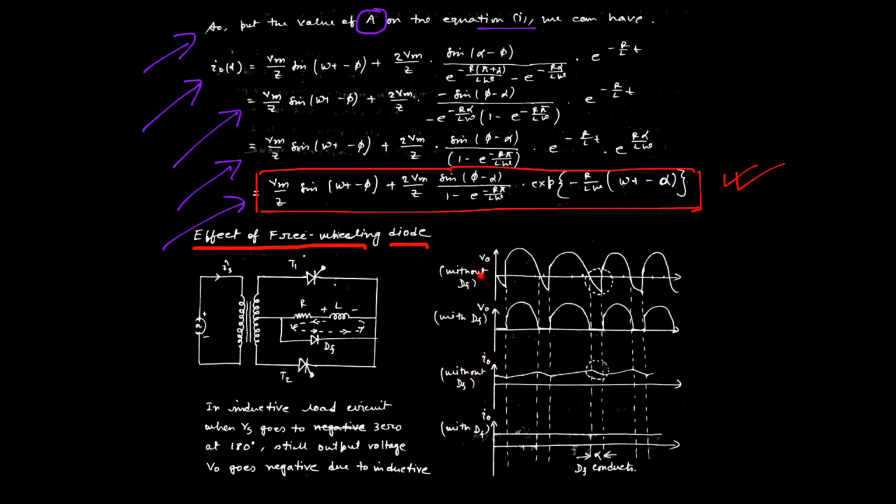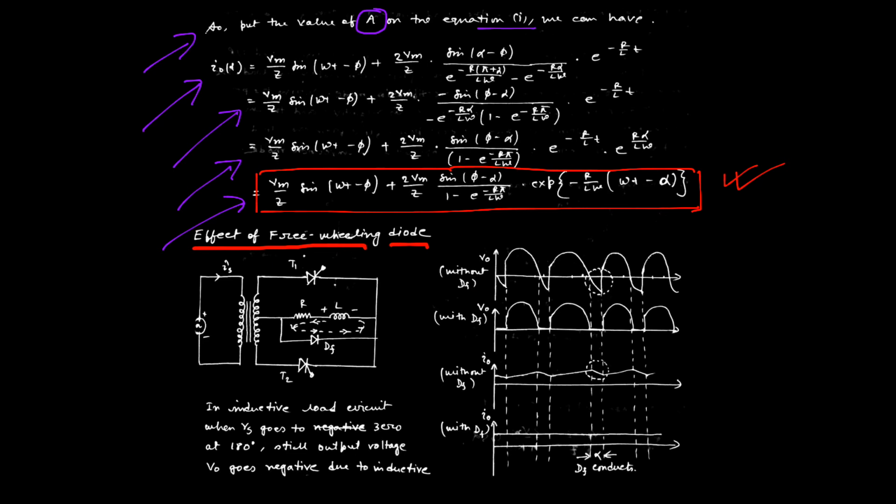So if we use the RL application without the freewheeling diode, there is a negative peak, as I discussed before. Due to the presence of this negative peak, the overall average voltage is reduced, and the input current has a lagging power factor.